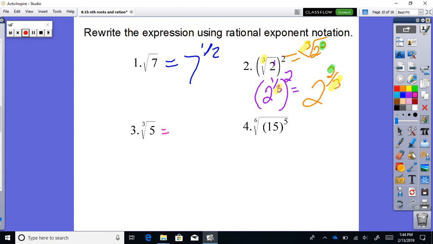Next, cubed root of 5, that's 5 to the first power, so it's 5 to the 1/3 power in fraction form. Then 15 to the 5th and the 6th root of that. Well, the 6 goes in the denominator, and then the exponent goes in the numerator. So in fraction form, it's 15 to the 5/6 power.